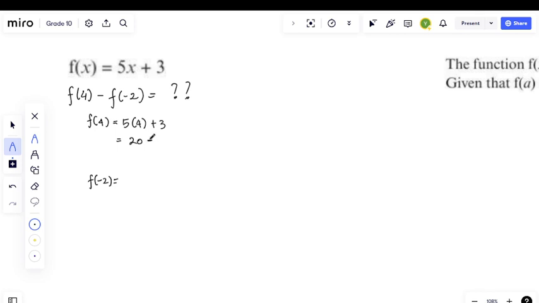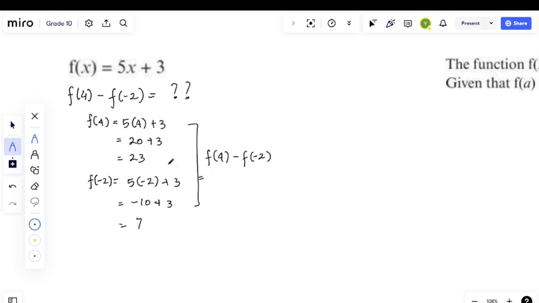So it's 5 times 4 plus 3. It is 20 plus 3. So it's 23. As for the f(negative 2), that means 5 times negative 2 plus 3, it's negative 10 plus 3, it's negative 7. Nah, berarti kalau misalnya, for example, we're going to f(4) minus f(negative 2), f(4) we have it as 23.